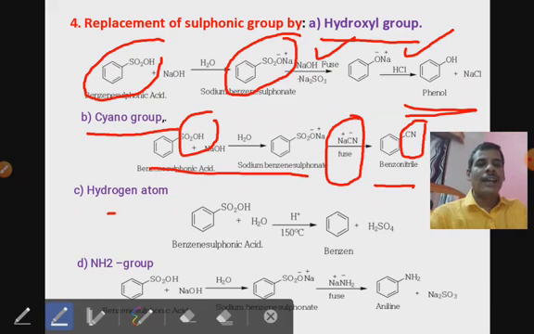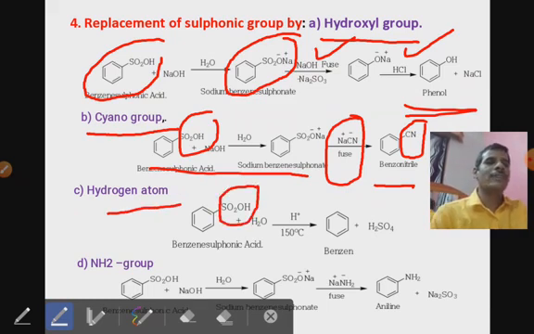Next, the sulfonyl group is replaced by the hydrogen atom, that is, the H plus ion. In this case, no salt formation reaction is required. Benzene sulfonic acid directly reacts with water at 150 degrees centigrade.